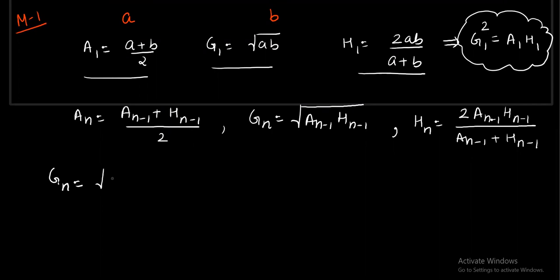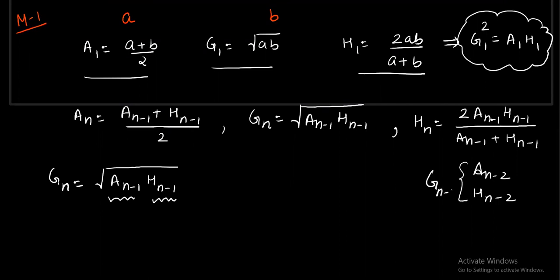Gn is nothing but root over An minus 1 times Hn minus 1. But we know that An minus 1 and Hn minus 1 are the arithmetic and harmonic means of An minus 2 and Hn minus 2. And further, for these two numbers, we also have the geometric mean as Gn minus 1, as given in the question.